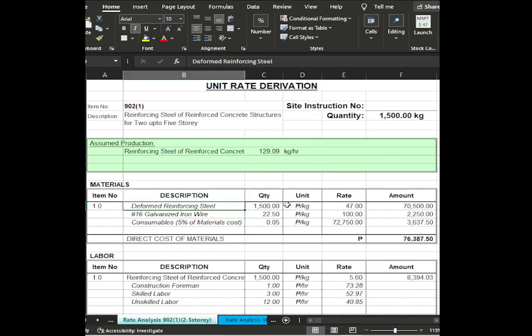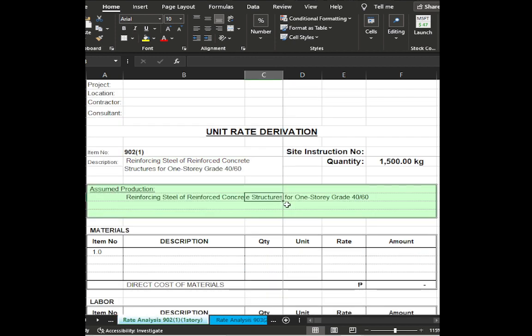We will see the previous assumed production is 129.09, but for this one story building we have 143.44 kilogram per hour assumed production guys. So the same materials that we are going to use.